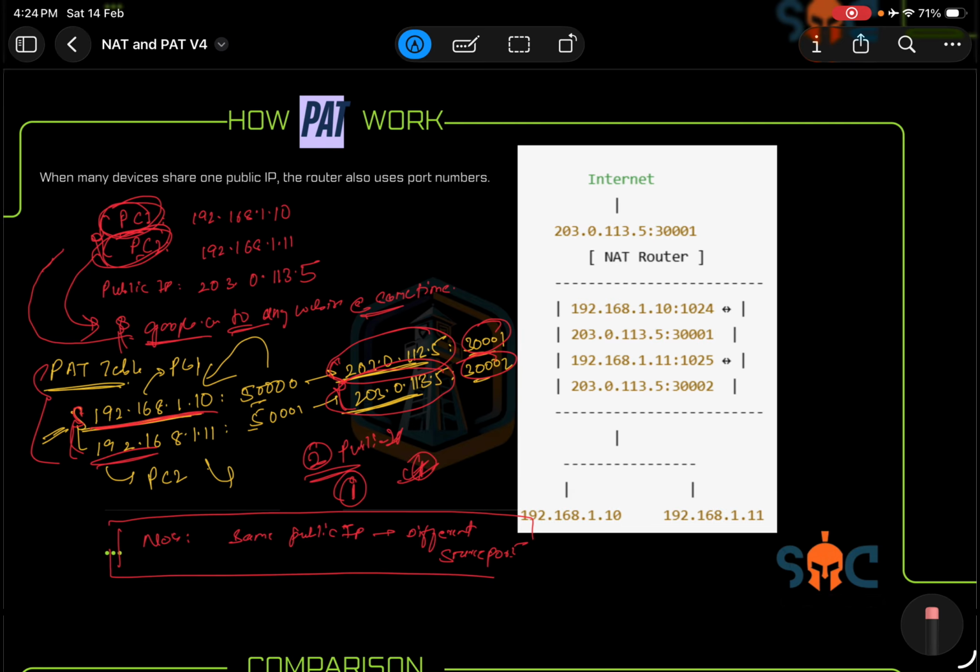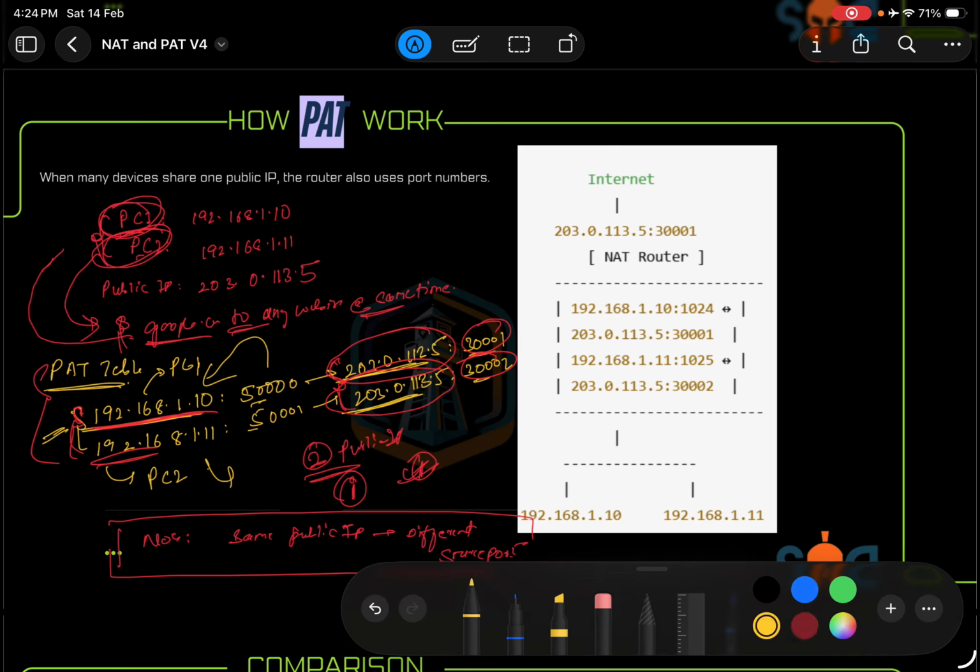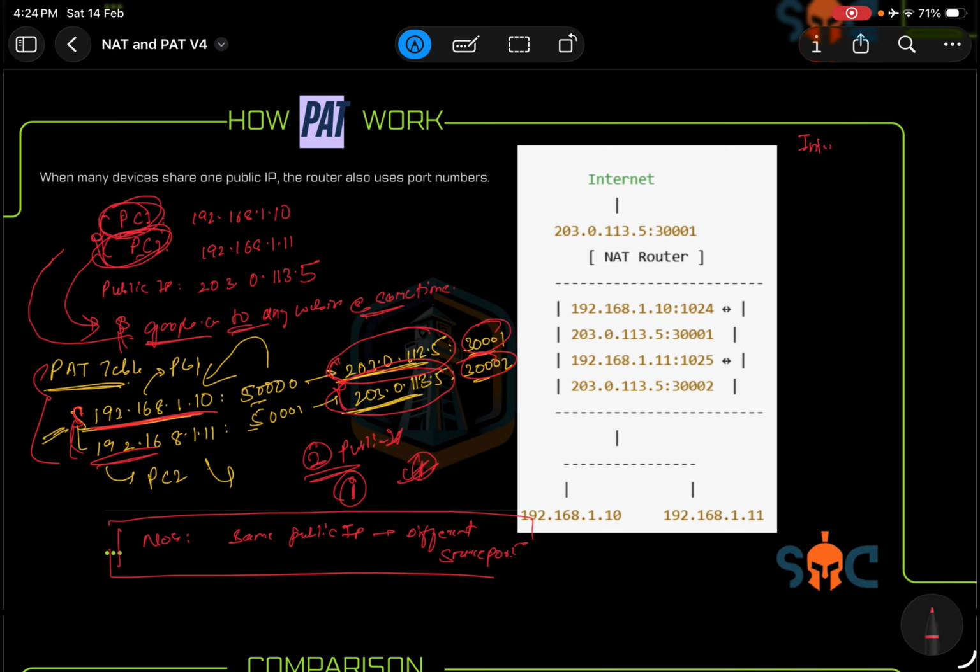Yeah, so now we'll try to understand the same through a flowchart. So for example, there is an internal device.